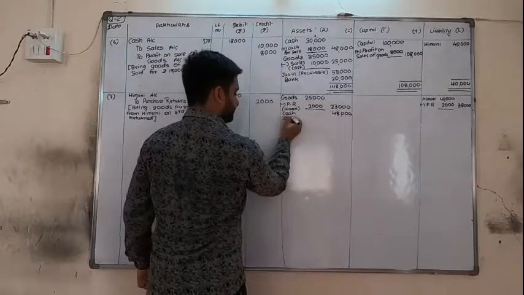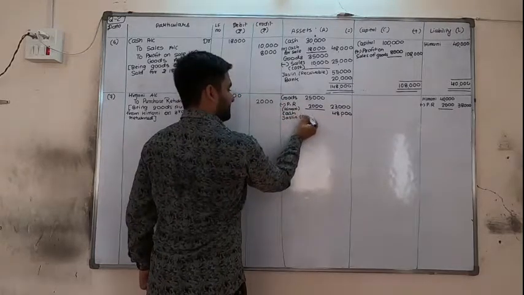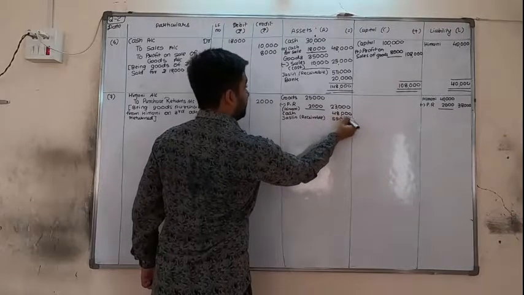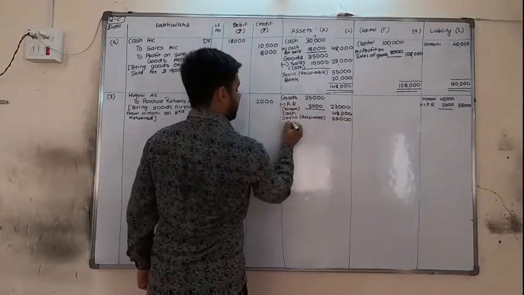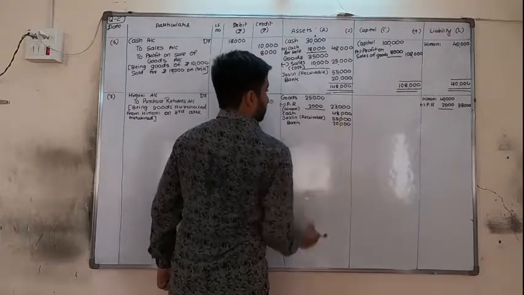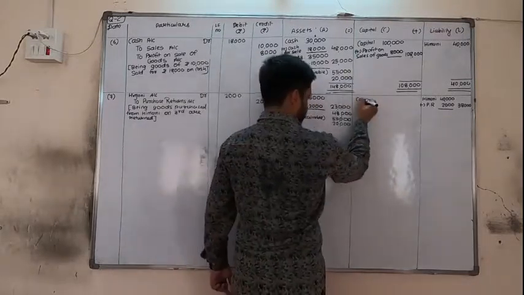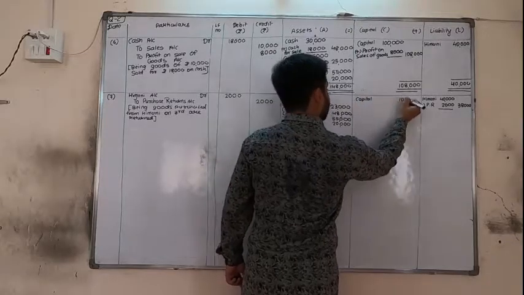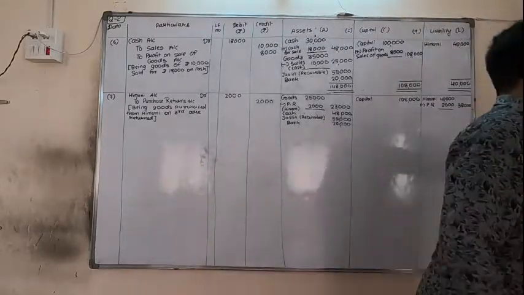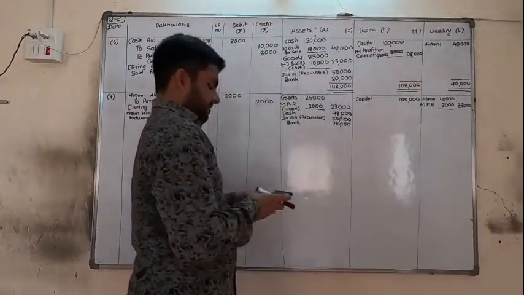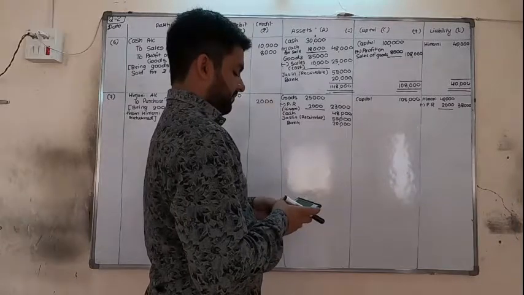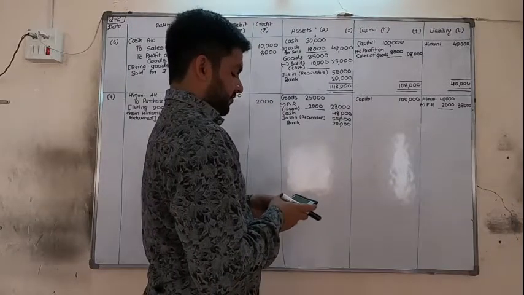Jocelyn, in bracket receivable, 55,000, and bank. Don't forget any amount. Then capital: write only the net amount, 1,08,000. That's all. 23,000, 48,000, 55,000 and 20,000.